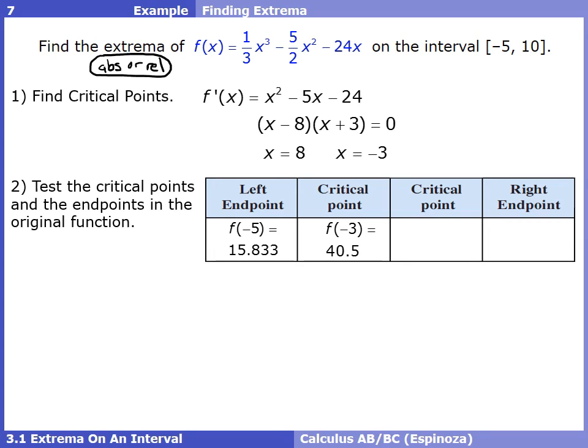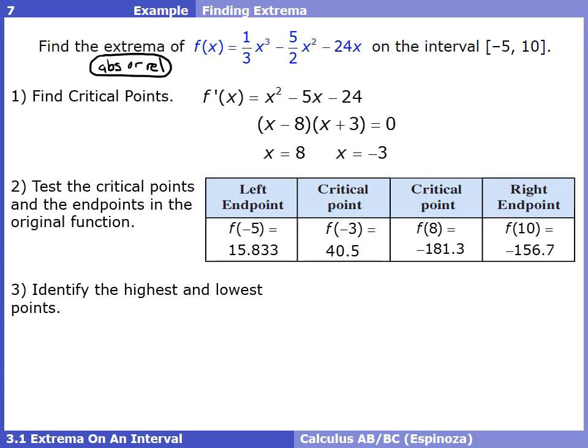If you take -3 and plug it into your original function, you'll get the y value of 40.5. Next, we'll test the other critical point, which happens at 8. We'll get -181.3. And if we take our right endpoint and plug in 10, we'll get -156.7.